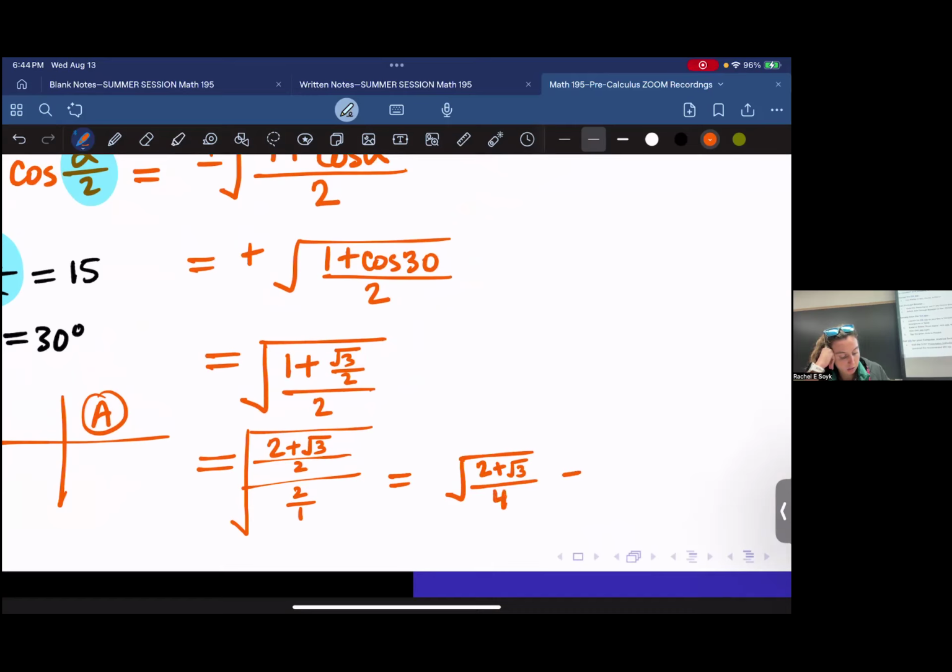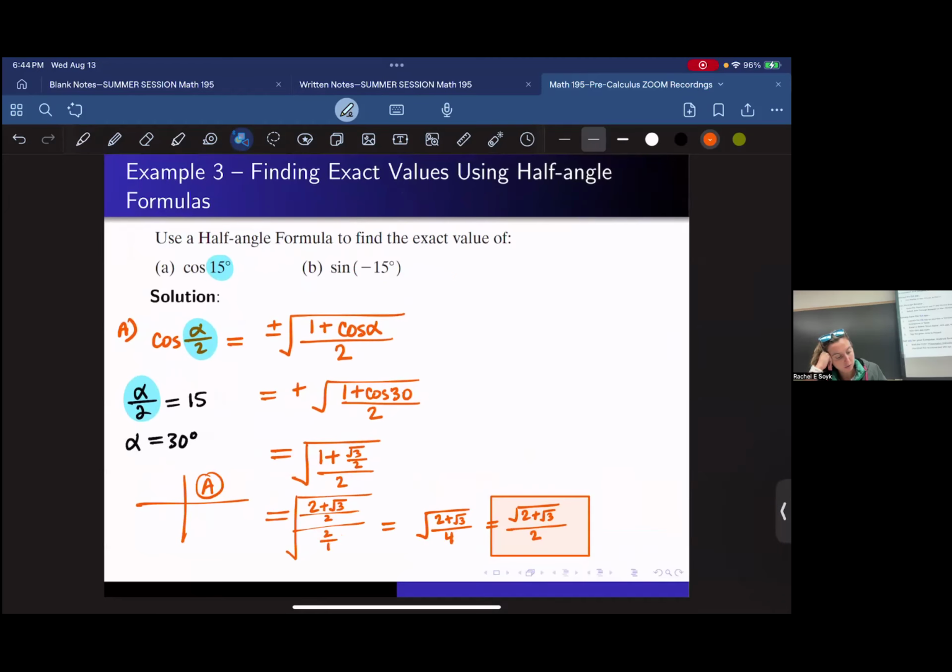And we can take the square root of the denominator, so we're left with 2 plus square root of 3 all over square root of 4, which is just 2. So that is our cosine of alpha over 2.